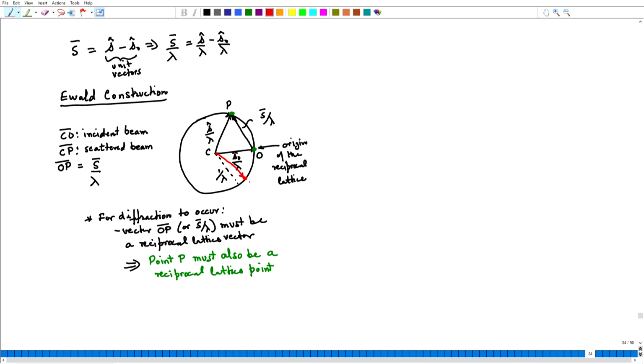So, this is another reciprocal lattice point, let us say P prime, then OP prime would also be a reciprocal lattice vector.